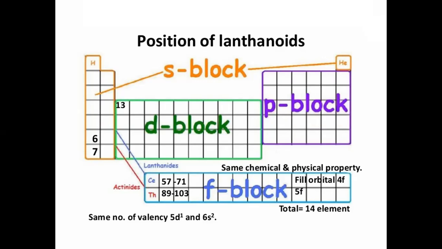So here they have shown that there are 14 elements, but if we include the first element, that is actinium, and the first element, lanthanum, then the total is 15. So all these elements are grouped under the f block of the periodic table because the incoming electron or new electron preferentially enters into the 4f orbital or 5f orbitals respectively.